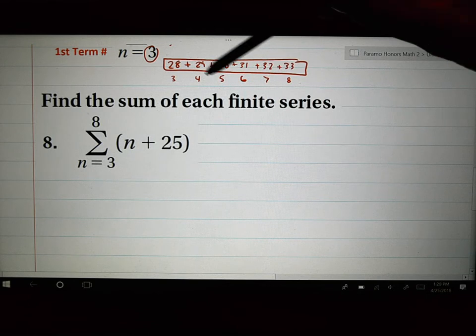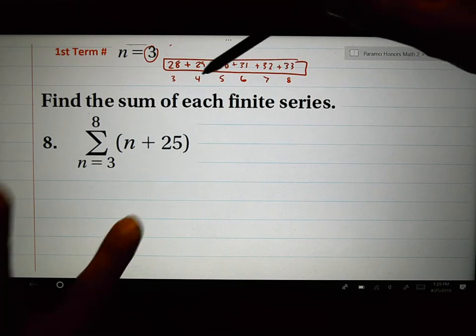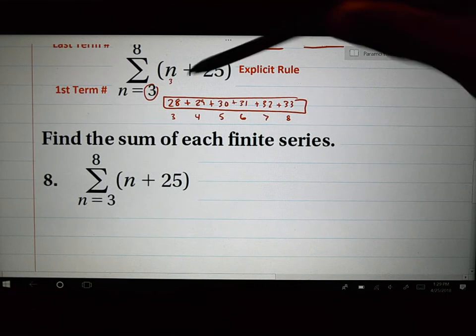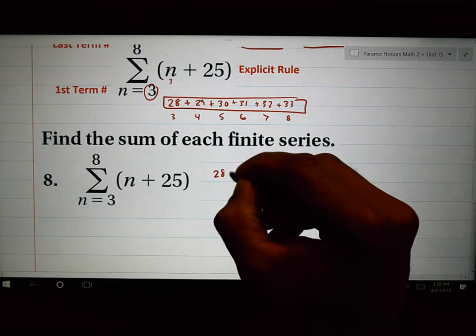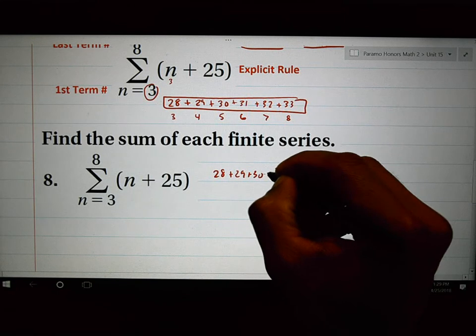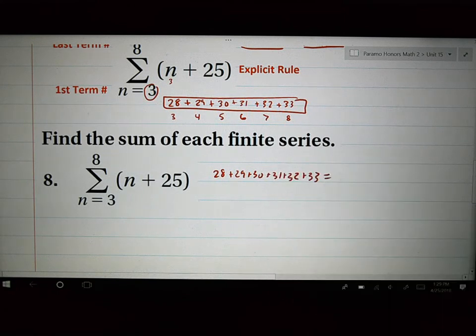So I'm going to let you choose for some of the problems. For some of the problems, this might be easier just to plug in the number and actually calculate what is 28 plus 29 plus 30 plus 31 plus 32 plus 33. You might want to do it that way.